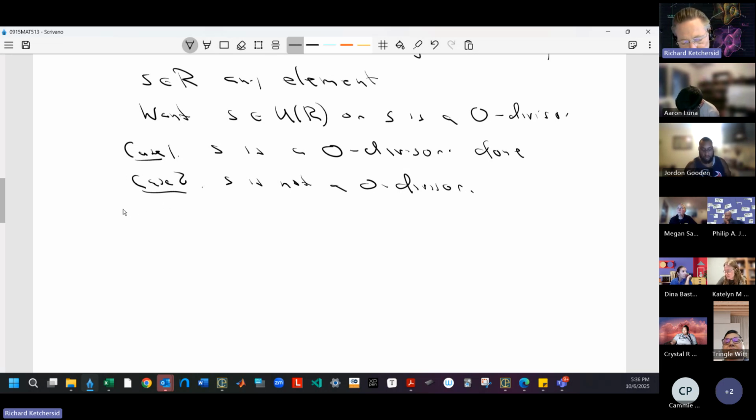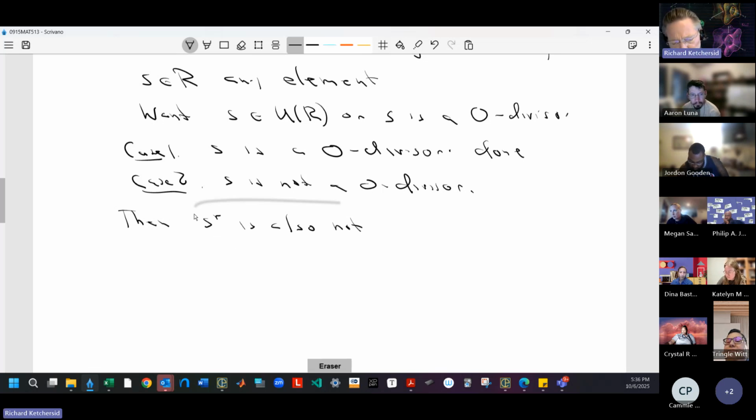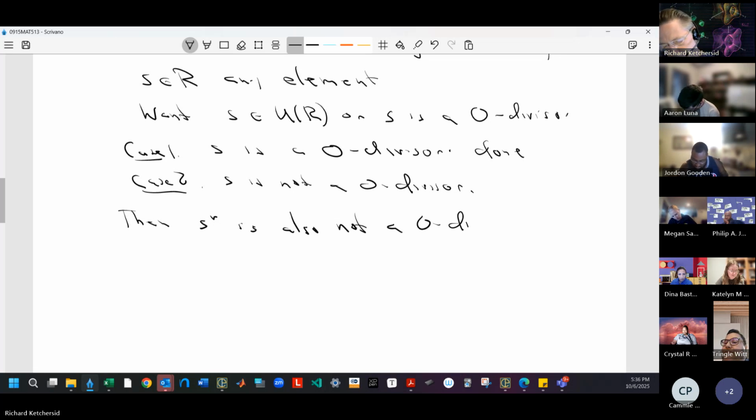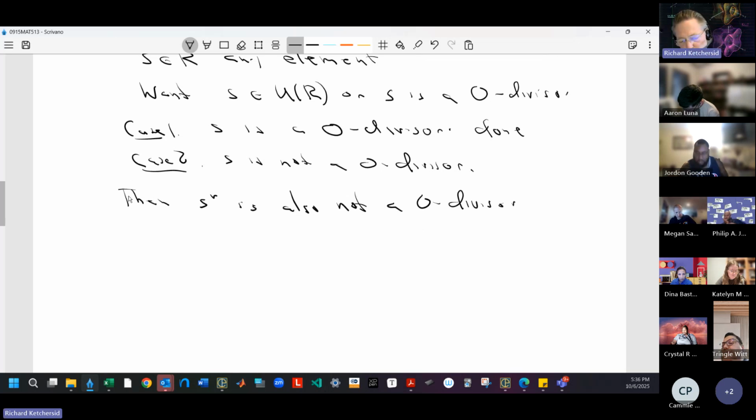Okay, so let's see that. S to the R is also not a zero divisor. Why is that true?